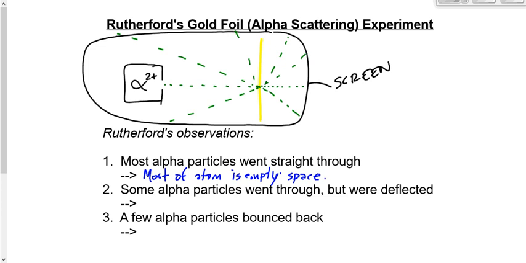So we know that most of the atom is empty space, but there must be something small and positive. It's got to be small and positive, otherwise it wouldn't push these few alpha particles off of their straight line path. We're going to call it a nucleus, a small positive nucleus, that pushes these alpha particles off of their straight line path.